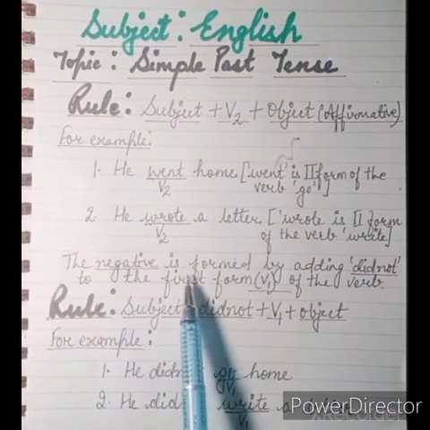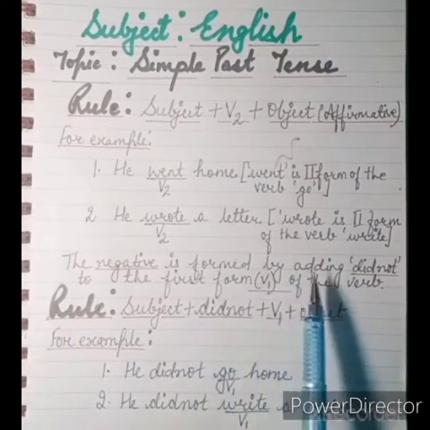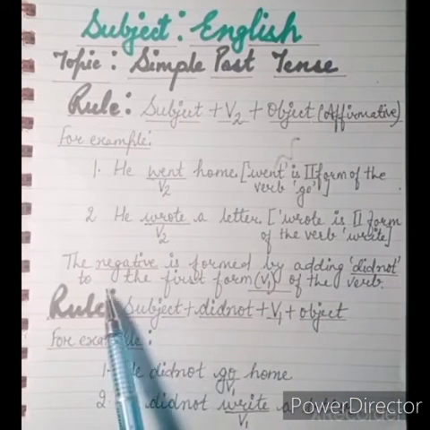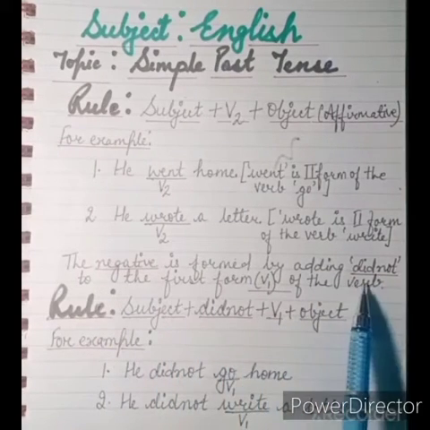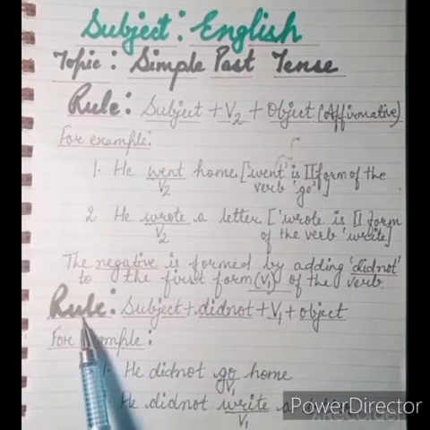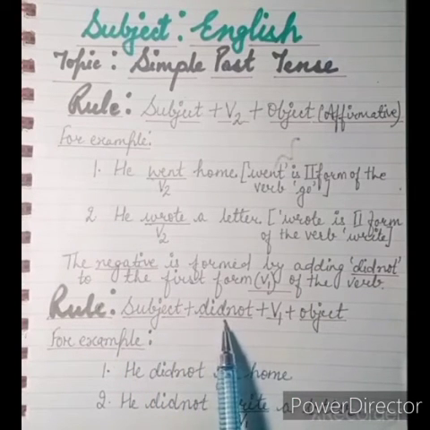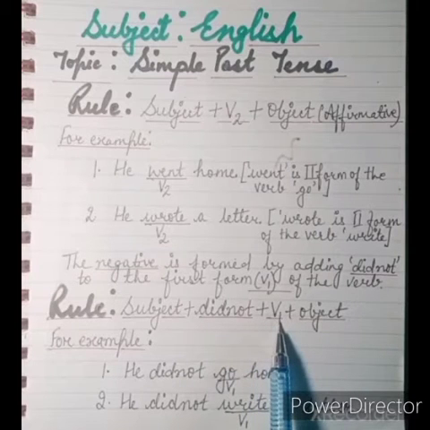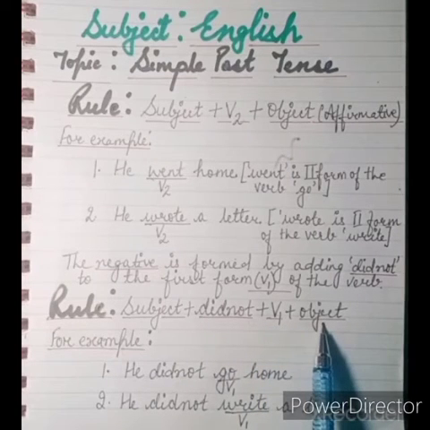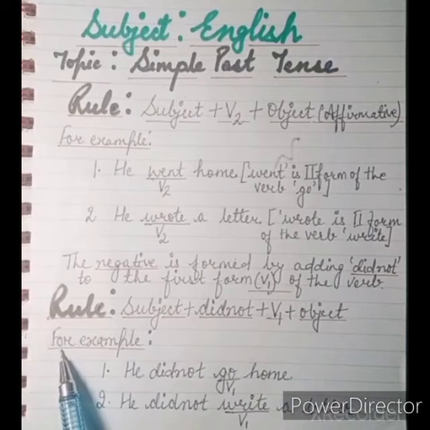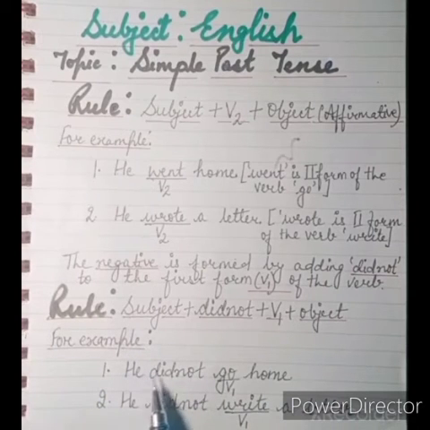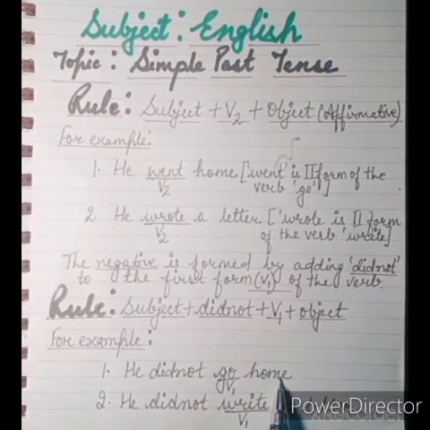The negative is formed by adding did not to the first form of the verb. According to the rule, subject plus did not plus first form of the verb plus object. For example, he did not go home.